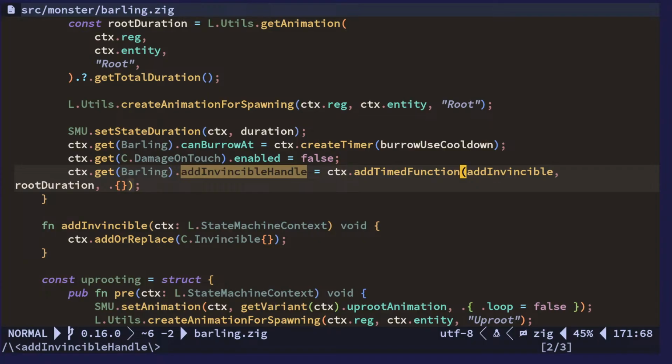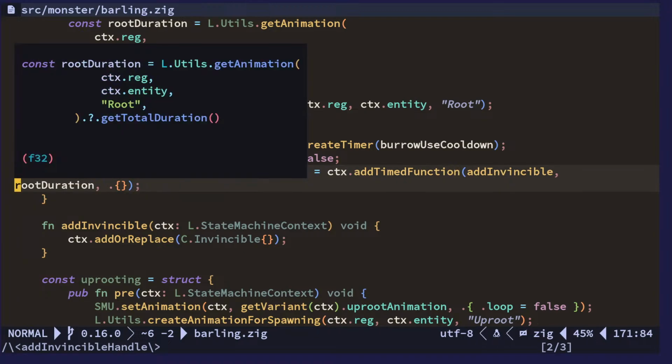Oh, it's adding it later, maybe. Yeah, okay. It's adding the invincibility later. Okay.